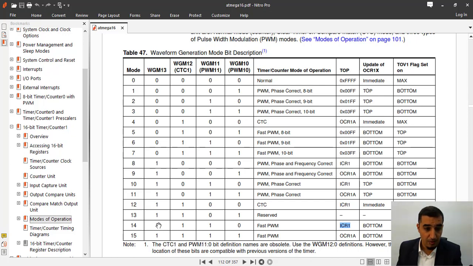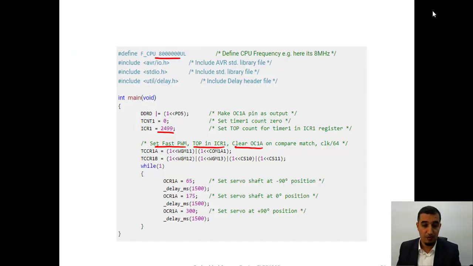So we get WGM13, WGM12, WGM11, and WGM10 for the settings of the microcontroller. Then we set the positions based on the calculations: 65, 175, and 300. Okay, so this is how you control the servo motor and the calculations involved.